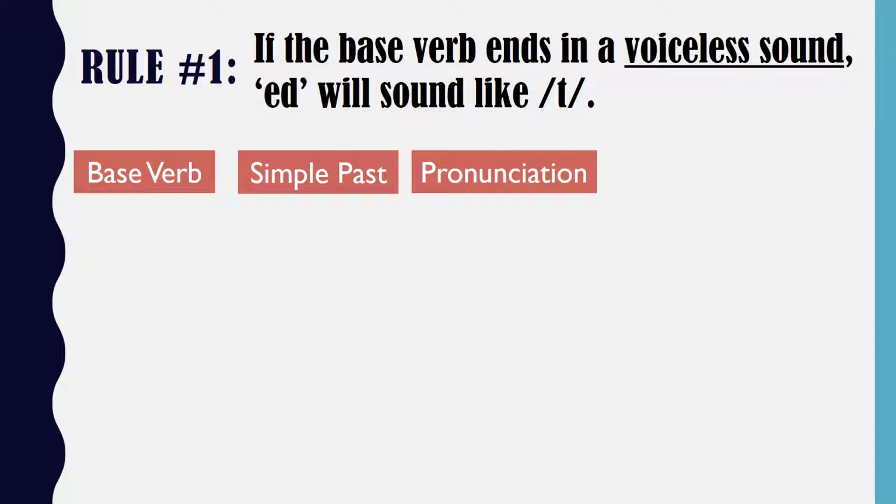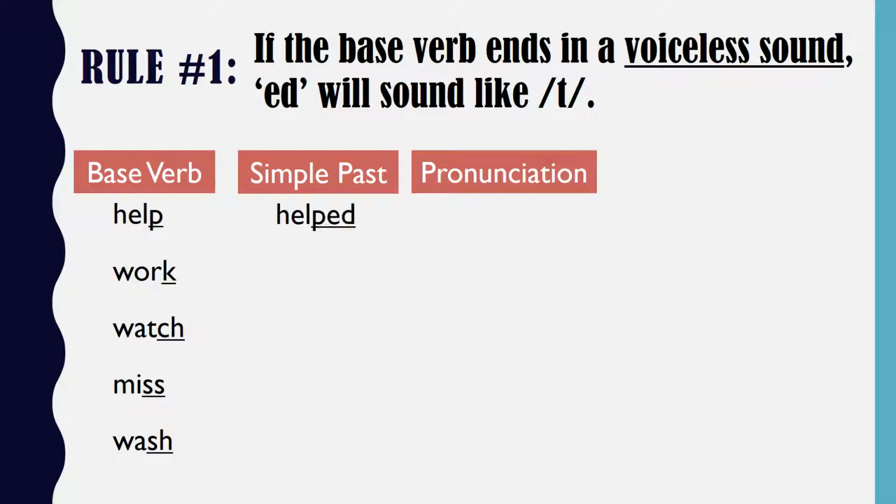Here are some base verbs that end in voiceless sounds: help, work, watch, miss, and wash. When you write these regular verbs in the past tense, you only add ed. Let's look at help.